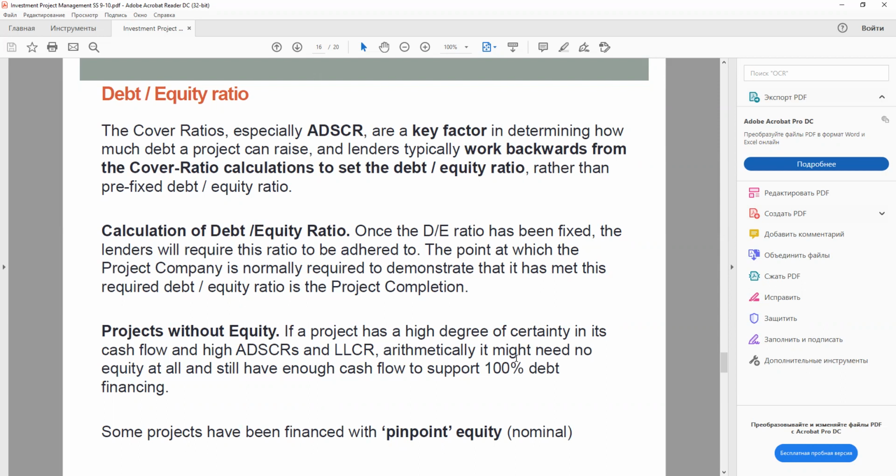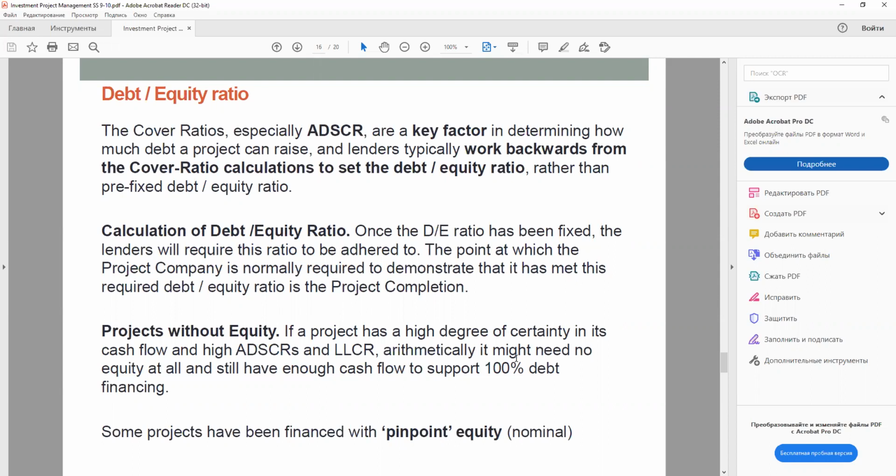Thereafter, the debt is being repaid more quickly than the equity, which is repaid over the full term of the project agreement, including the debt tail period. And so the proportion of the debt will reduce over the project life, eventually reaching zero, all being well, at the beginning of the debt tail period.